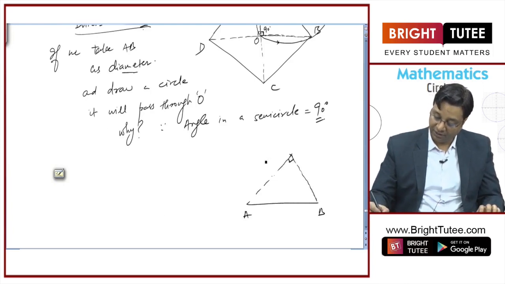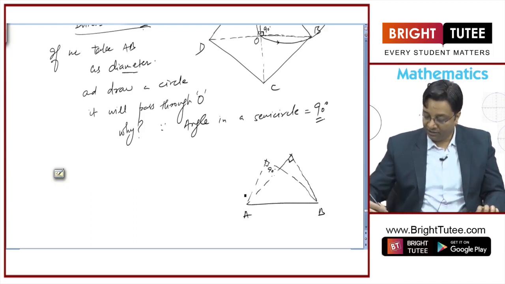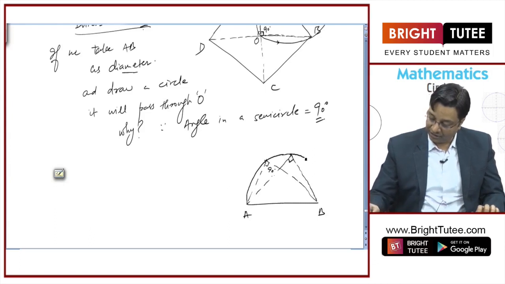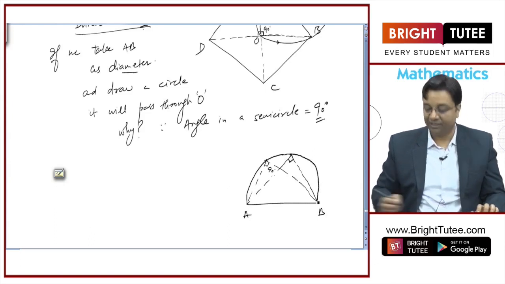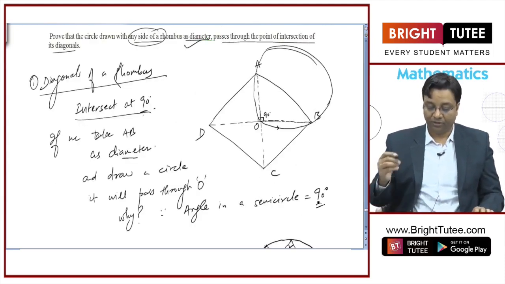I have got another point for which the angle is 90 degrees. So it is necessary that these points will be part of this semicircle for which AB is a diameter, right? Hence it will definitely pass through O.